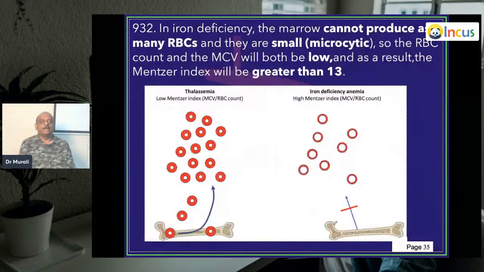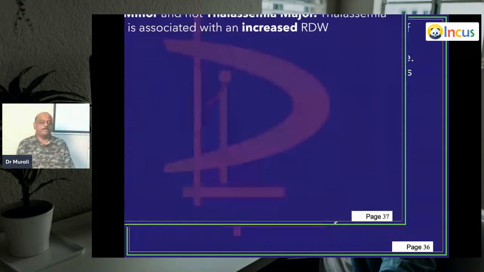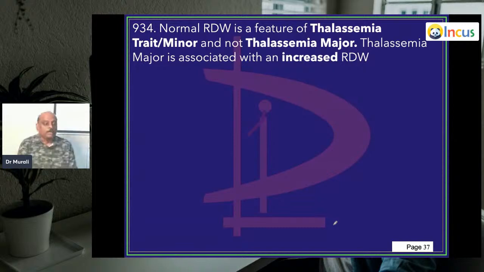And in more than 13, iron deficiency, because the denominator is low, the RBC count. So in iron deficiency, marrow cannot produce many RBCs. They're all small. Whereas in thalassemia, they are small, but many RBCs are produced. That's what you need to appreciate. The normal RDW is a feature of thalassemia.